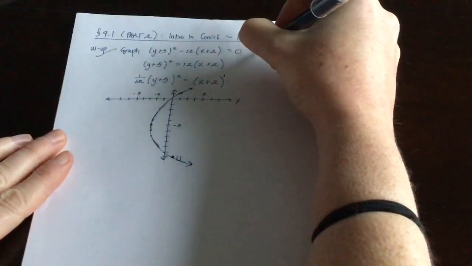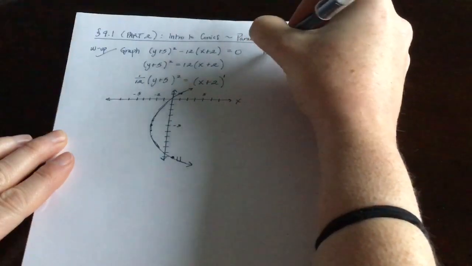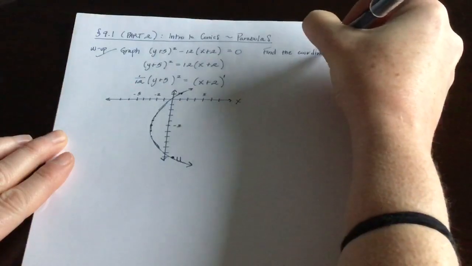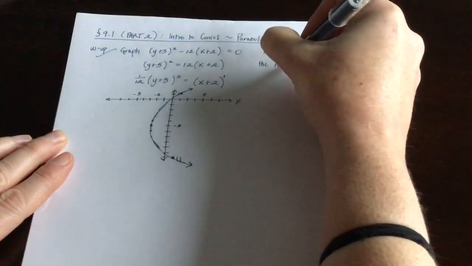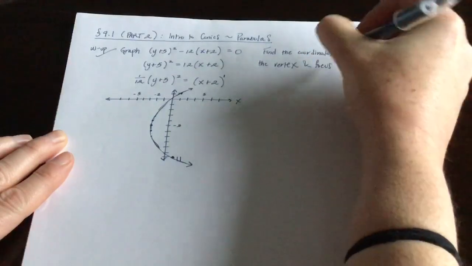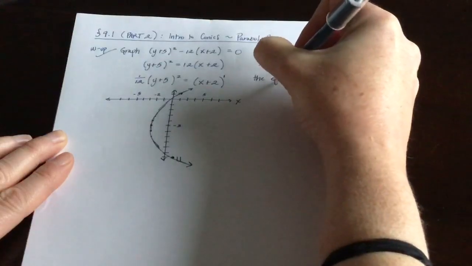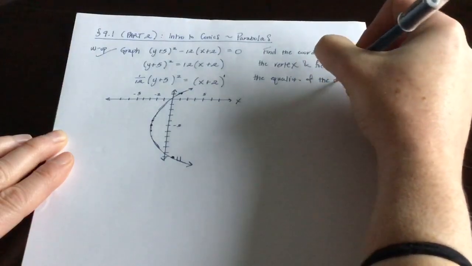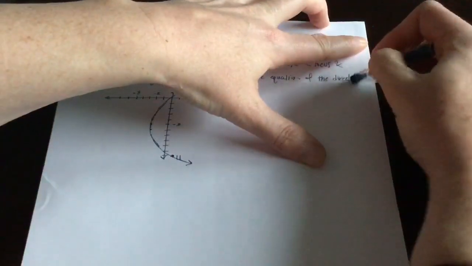In this lesson, in addition to being able to graph this stuff, typical directions would be find the coordinates of the vertex, which I think is already in our wheelhouse, but they also want you to find the coordinates of what's called the focus, and they're going to want you to find the equation of the directrix.